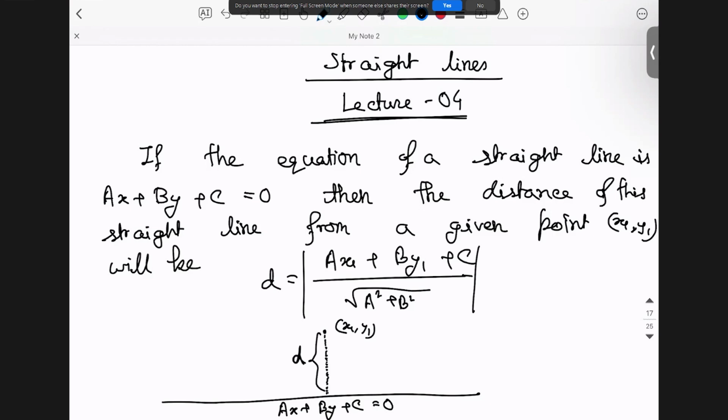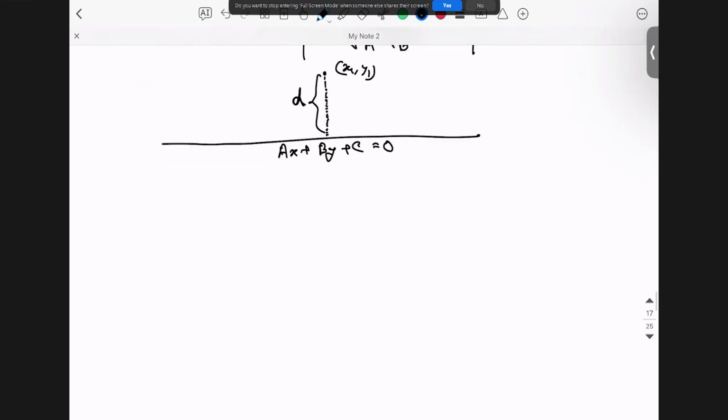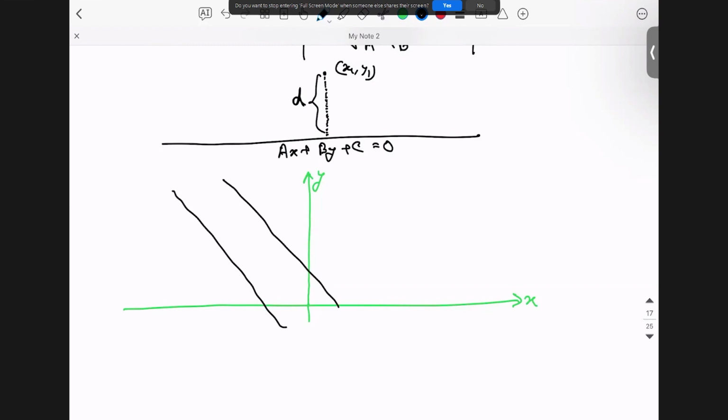And also we have discussed that when we have two parallel lines, suppose this is our y-axis and this is our x-axis, and suppose we have two parallel lines like this, one is this and another is this, and since they both have the same slope, if we write them in intercept form, then the equations will be y equals mx plus c1, and another one will be y equals mx plus c2.